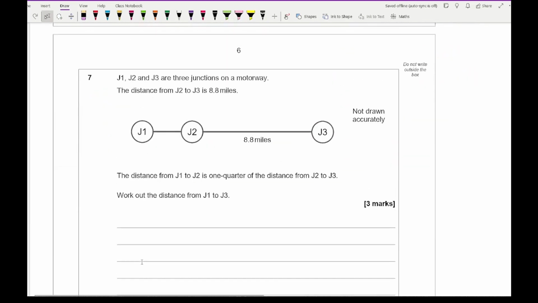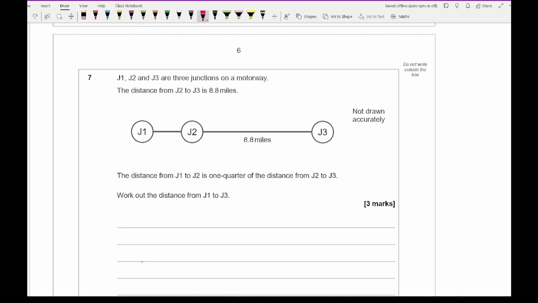Moving on to question 7, it says J1, J2, J3 are 3 junctions on a motorway. The distance from J2 to J3 is 8.8 miles, and the distance from J1 to J2 is 1/4 of the distance from J2 to J3. The question is asking us to work out the distance from J1 to J3.